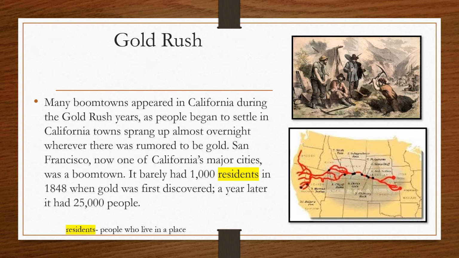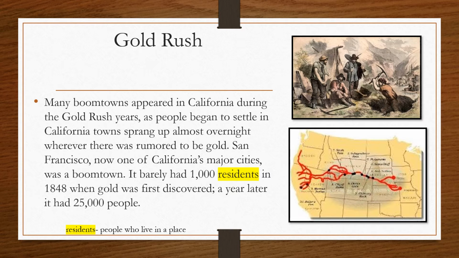San Francisco, now one of California's major cities, was a boomtown. It barely had 1,000 residents in 1849, when gold was just first discovered. A year later, it had 25,000 people. So, it went from 1,000 people to 25,000 people.